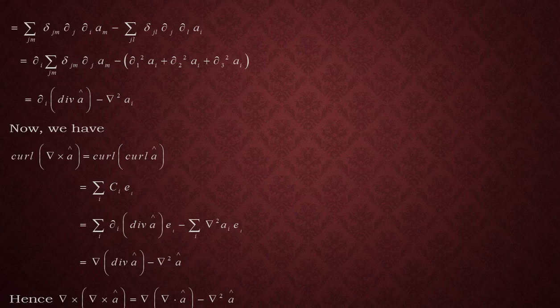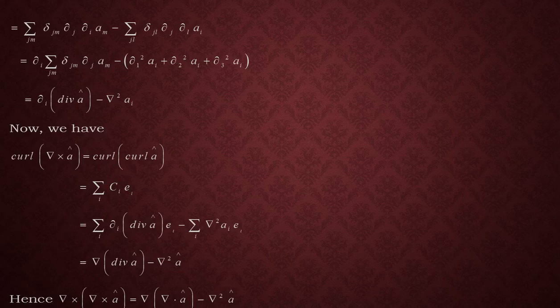Here in the first term the summation is summation over j, m of delta_jm ∂_j a_m. This represents the divergence of a. If we substitute div a, we obtain C_i equals ∂_i of div a minus (∂_1² a_i plus ∂_2² a_i plus ∂_3² a_i).